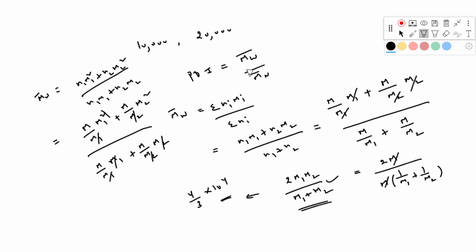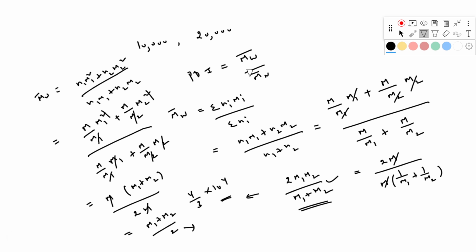If you do this, I will get M into M1 plus M2 over 2M. M gets cancelled. Finally, I will get M1 plus M2 over 2. This is the formula. Just put the values.